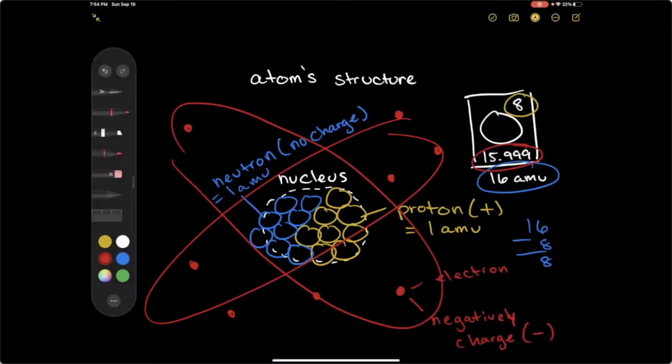They have no charge. And lastly, we have electrons flying at high speeds around the nucleus, and these electrons are, of course, negatively charged. And there you guys have it, the atom's basic structure.